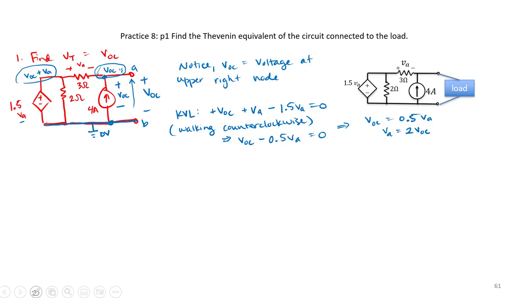So I need another equation for my voltage VOC in terms of VA. Let's try node analysis to get a second equation. In particular, I'm going to use node analysis at the node VOC.